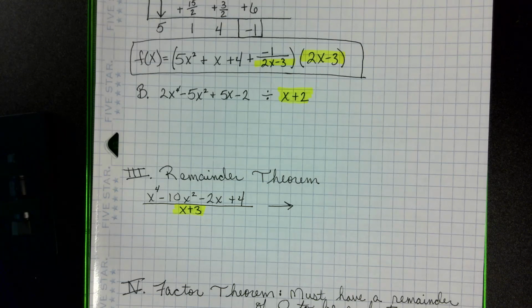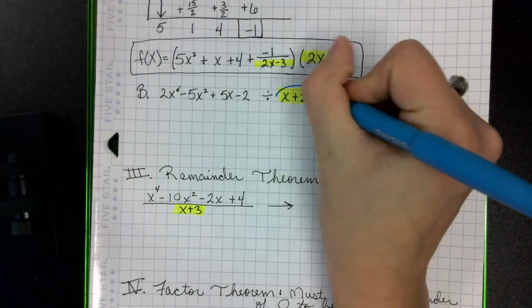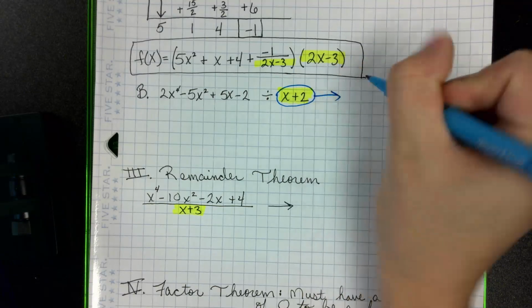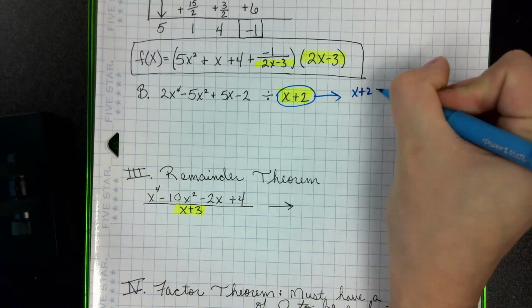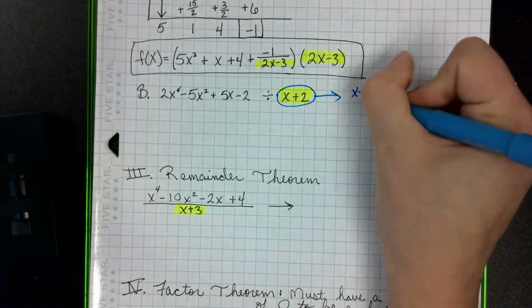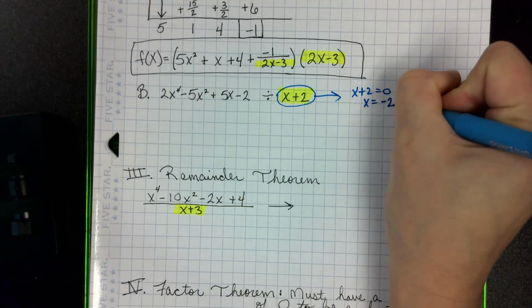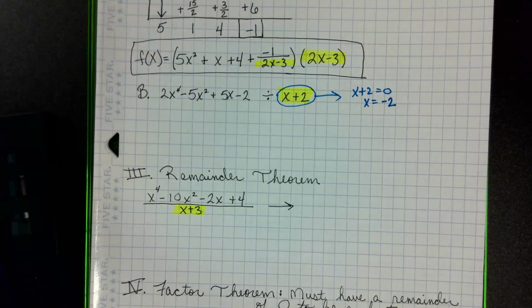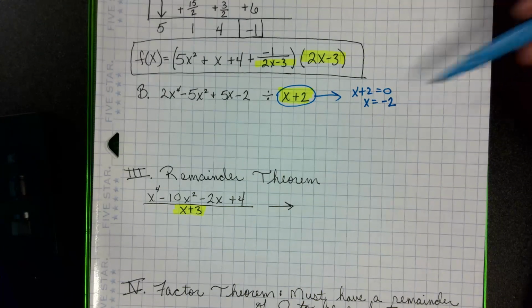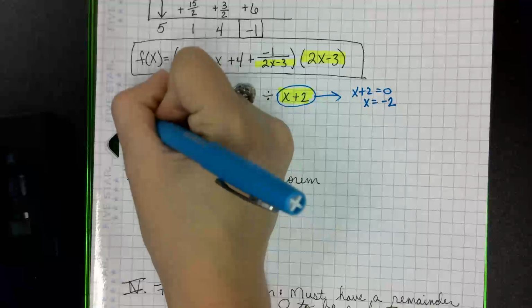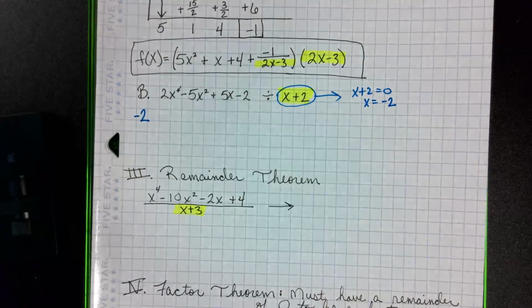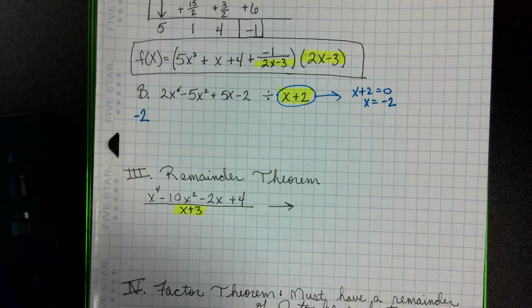But remember, you take the divisor, x plus 2, set it equal to 0, so x equals negative 2. So the factor is x plus 2, but when we do synthetic division, we divide by the 0, and the 0 is negative 2. So we're going to put negative 2 on the outside of the box.